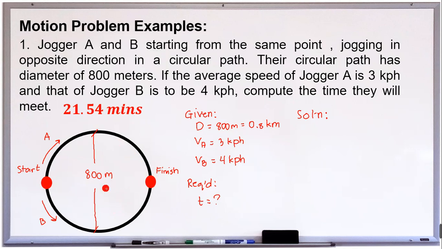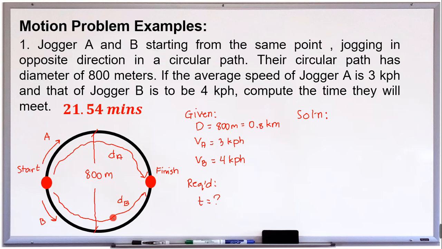Now, if you analyze the distance covered by jogger A from start to finish, plus the distance covered by jogger B, we're going to let those be dA plus dB.